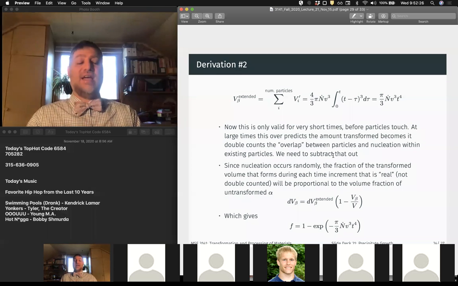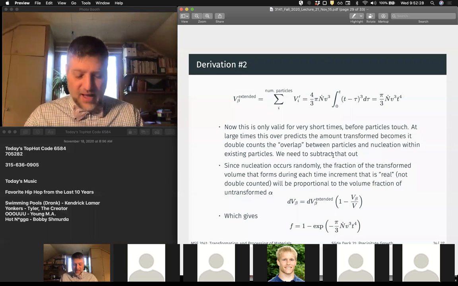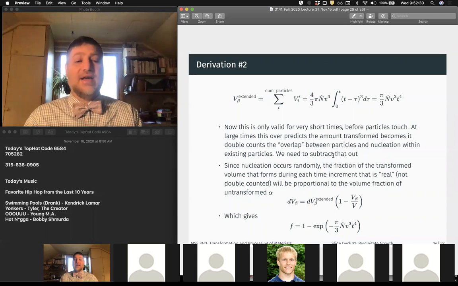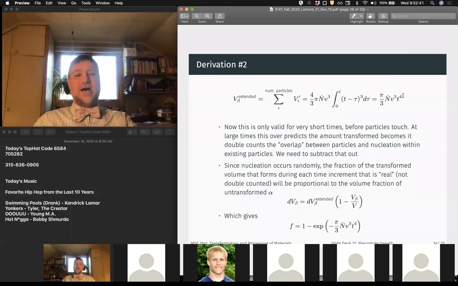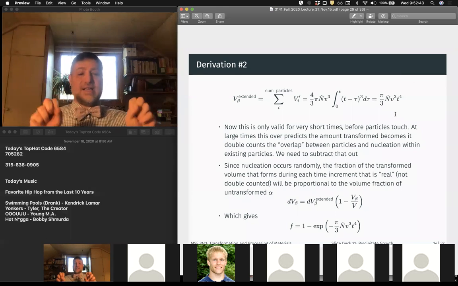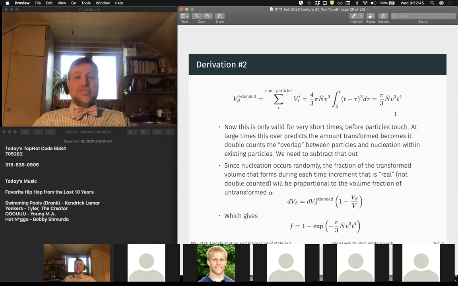So the key thing that Avrami and Kolmogorov realized is that the correction is actually fairly simple. The fraction of this transformation that is real, not double counted, is just going to be proportional to the volume fraction of the untransformed alpha.